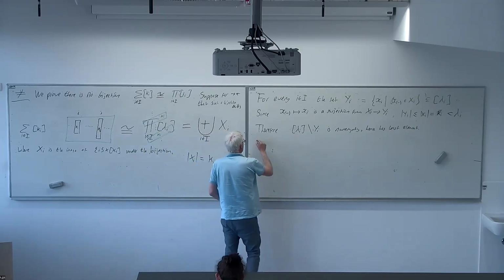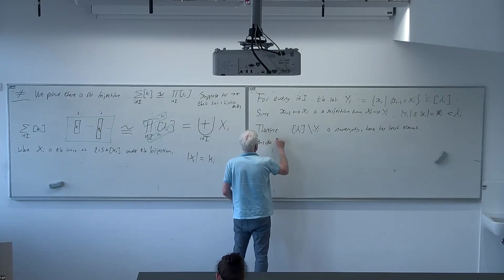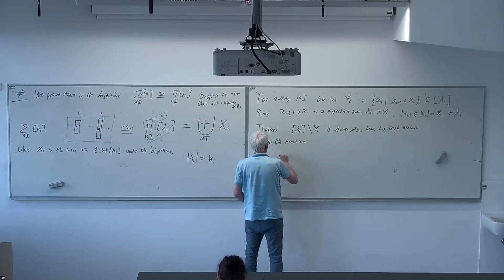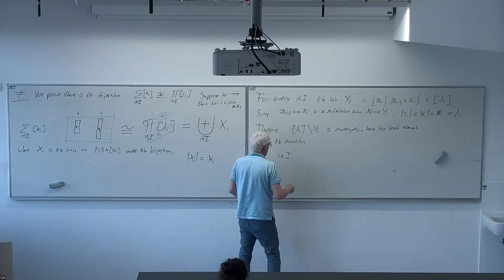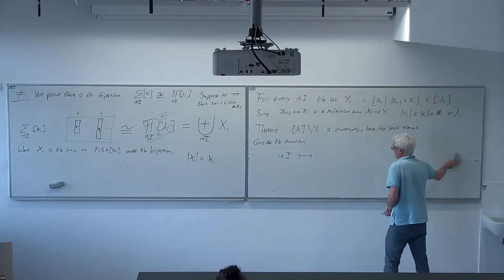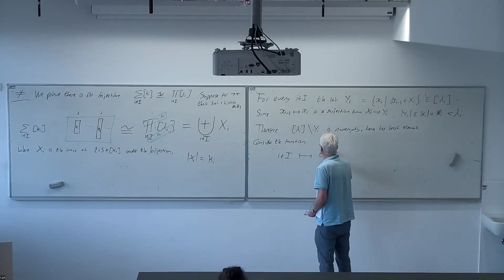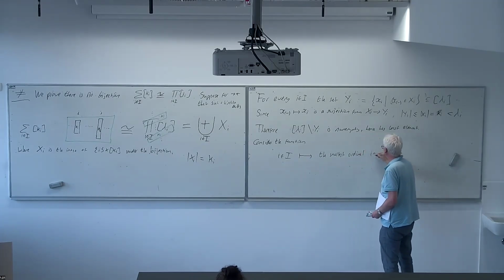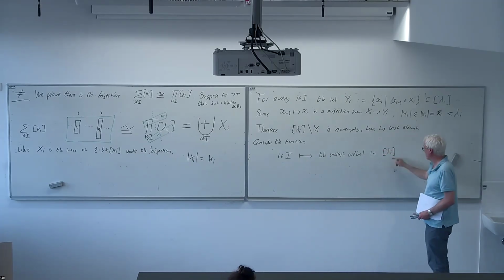So consider the function that maps an index element little I simply to the smallest ordinal in the set of ordinals strictly less than lambda I, with those in yi taken away.